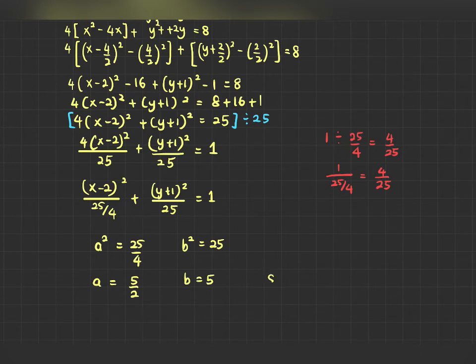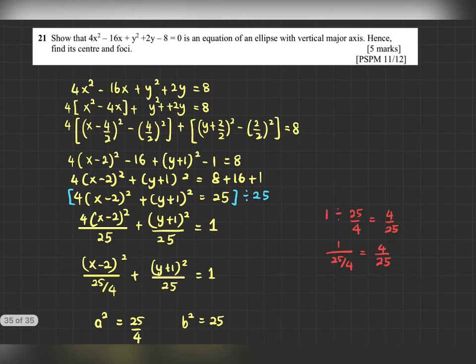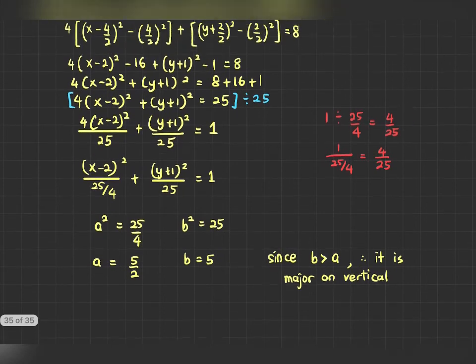So since our b is bigger than a, so therefore it is major on vertical. Sebab ini yang kita nak show kan. Okay, tengok balik soalan. Has vertical major axis. So betul lah, major on vertical.